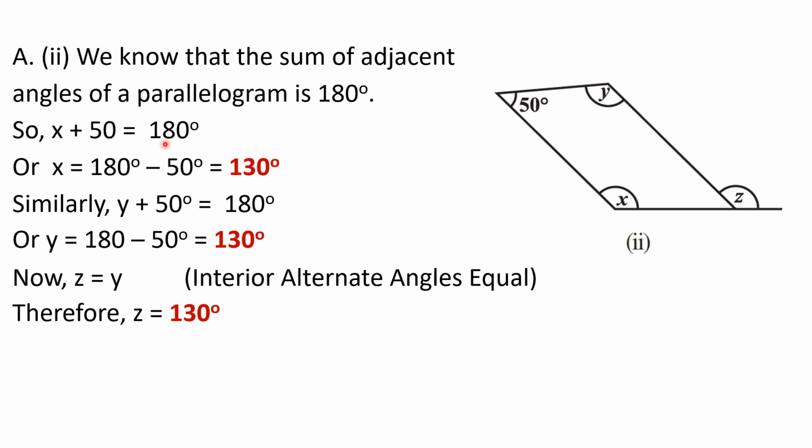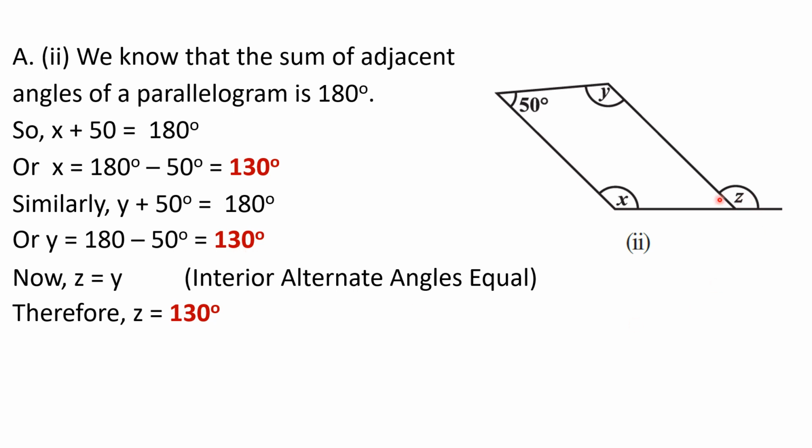So x is equal to, 50 goes to the right, becomes negative, so 180 minus 50 is equal to 130 degrees. Now y is also adjacent to 50. So similarly y plus 50 degrees is equal to 180 degrees, or y is equal to 180 minus 50 is equal to 130 degrees. So x is 130 and y is also 130.